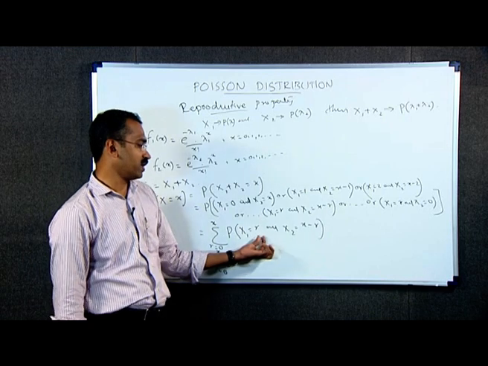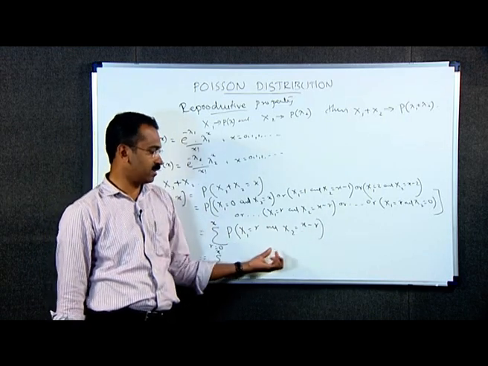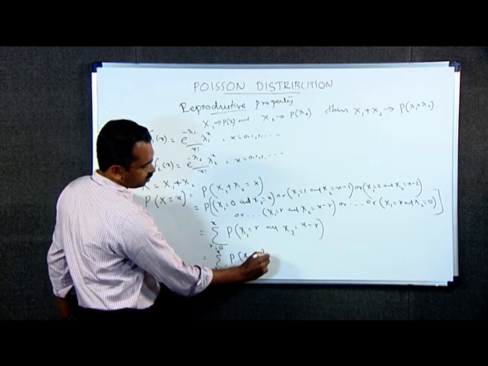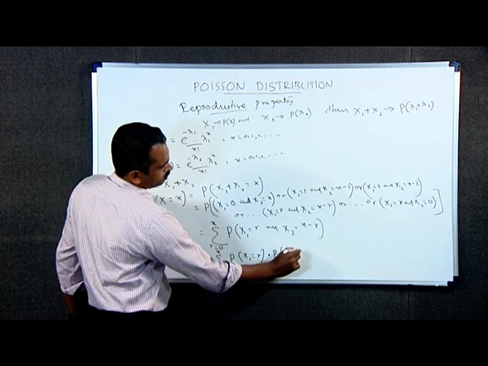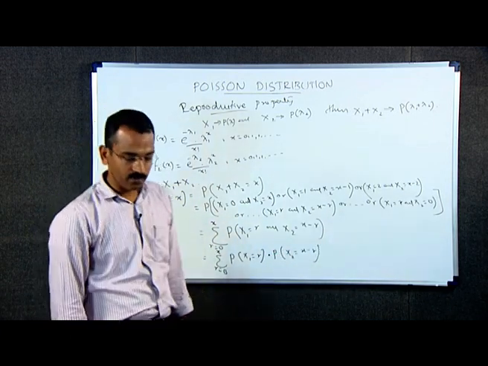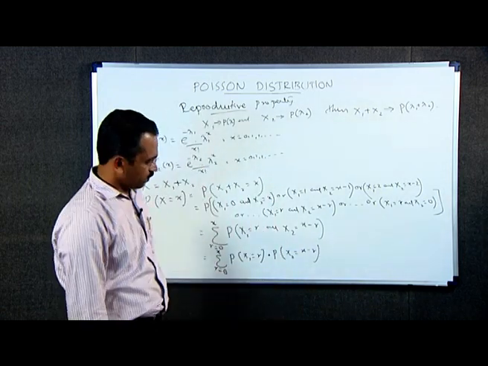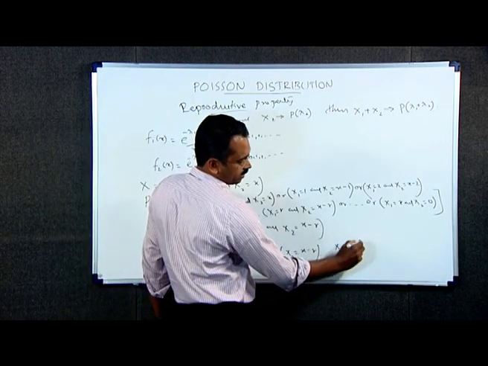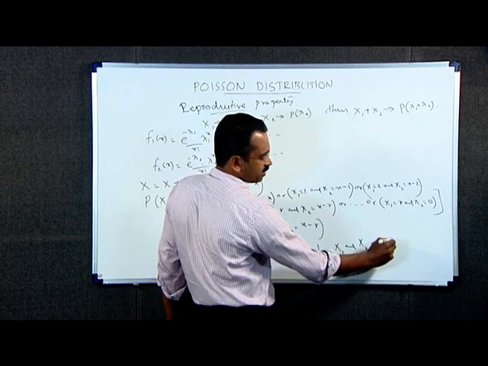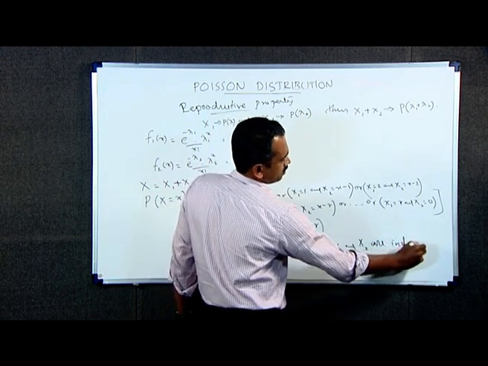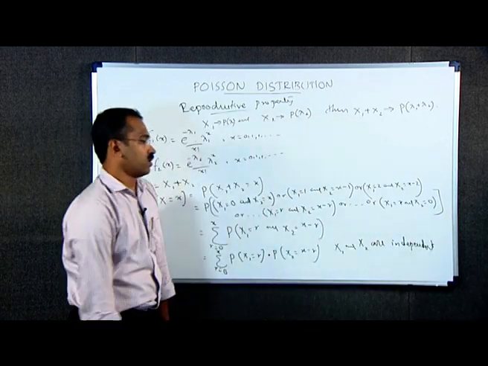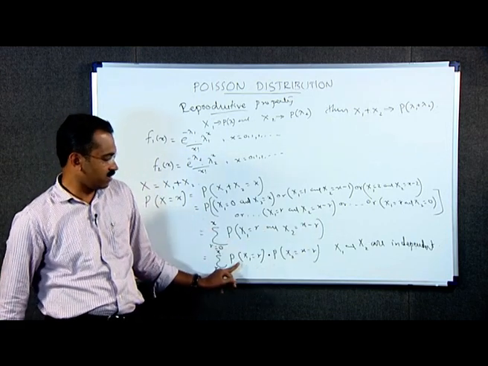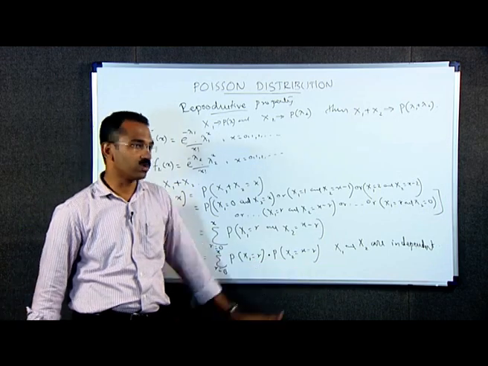Here probability of x1 equal to r and x2 equal to x minus r means probability of x1 equal to r into probability of x2 equal to x minus r. We can write like this because x1 and x2 are two independent random variables. That is why we write p of x1 equal to r and x2 equal to x minus r as p of x1 equal to r into p of x2 equal to x minus r.